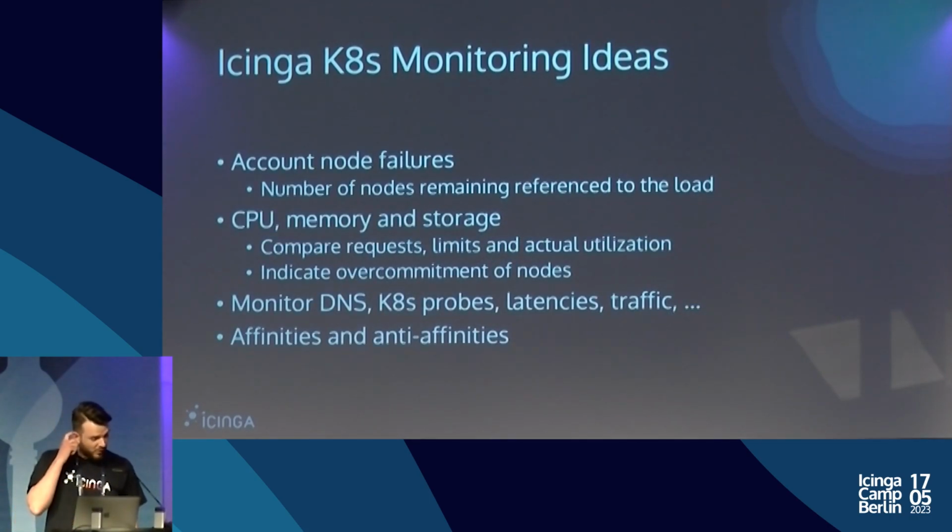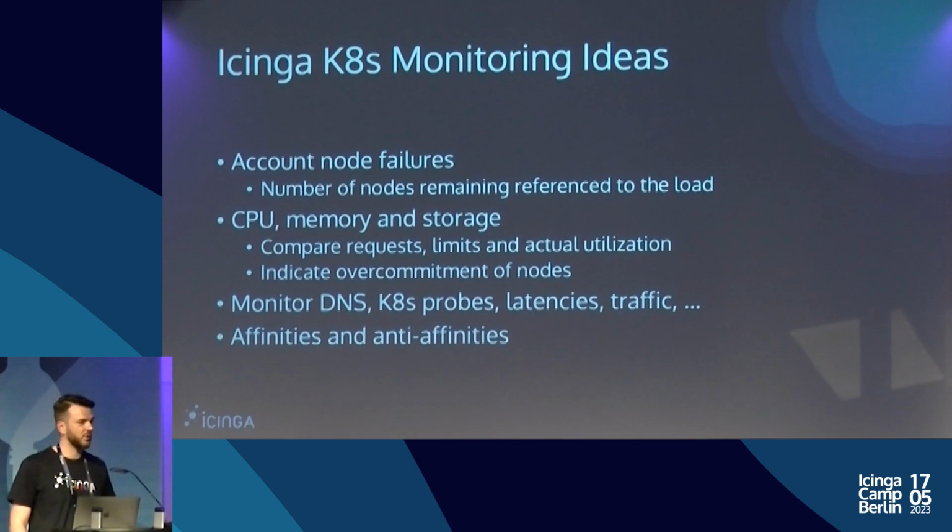And of course, there are some more ideas. For example, like I think I mentioned in the beginning, we could account for node failures, meaning that if we detect that the current usage is too high, and a node fails, we could give you an alarm. We could indicate overcommitment of nodes if we compare the configured requests and limits to the actual usage. DNS is also a thing in Kubernetes, of course, so we have to monitor that.